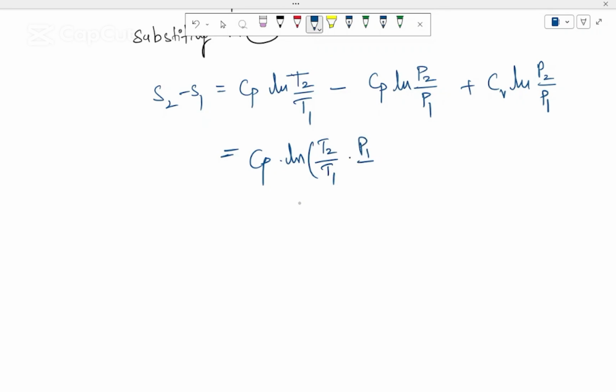Because there is minus here, this should be A by B. So if I do that, log A minus log B equal to log A by B, I will get the reverse expression here, plus Cv into ln P2 by P1. So this expression is nothing but here V2 by V1.